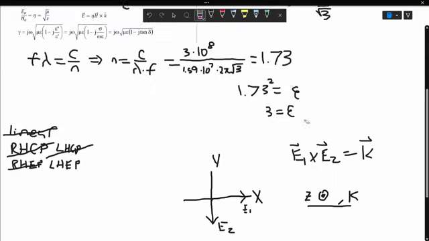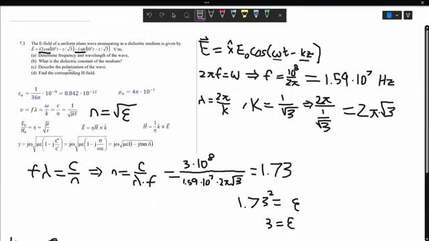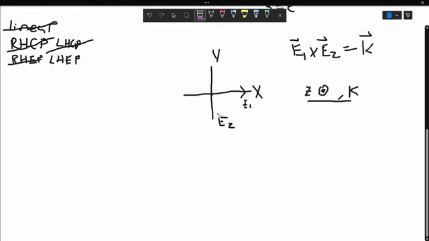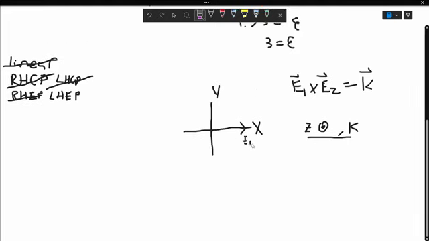Now that we have finished part 3, where we've determined the polarization, we can now find the H field, again using this same plot. So now breaking it apart and looking at each E field individually, we have E1 pointing in the x direction.